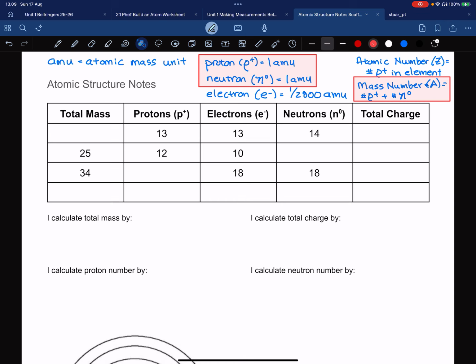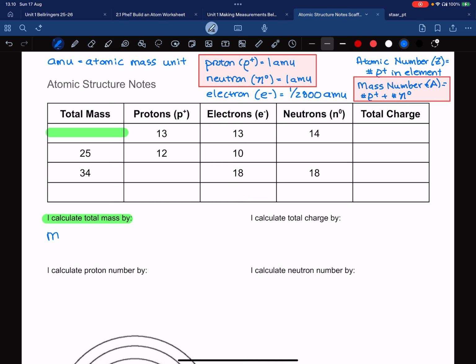All right. Now, we're just going to go through them one at a time and see how it works. Okay, so in the first one, we have 13 protons, 13 electrons, 14 neutrons. Okay, so the first thing that we're going to do is calculate the total mass. I calculate the total mass by protons plus neutrons.